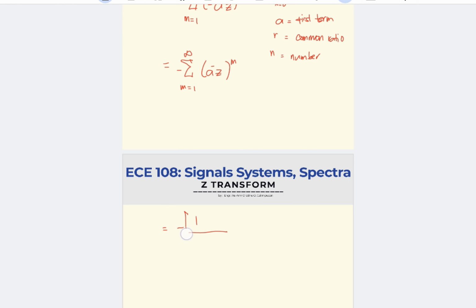So we have 1 as the first term, 1 minus a negative 1 z as the common ratio.